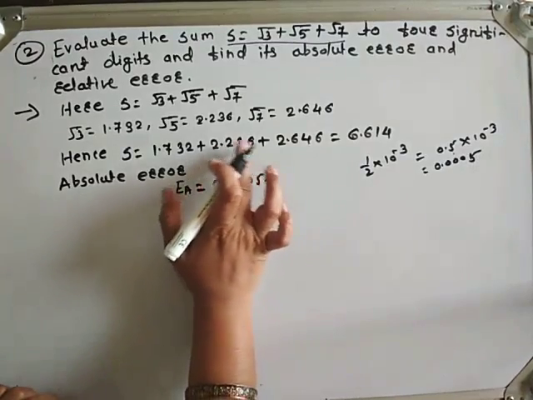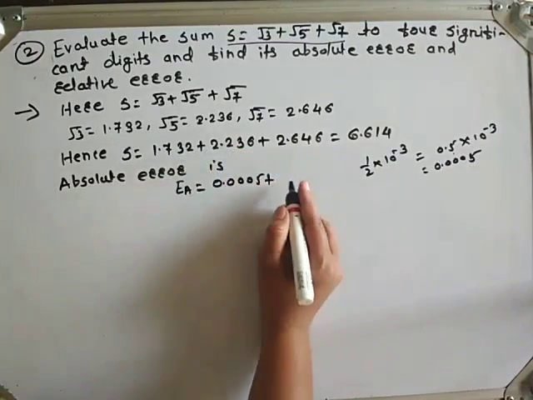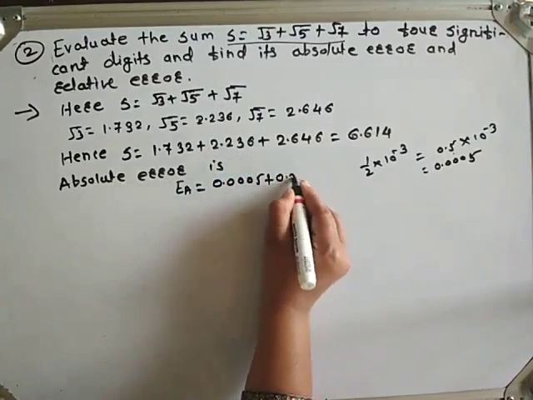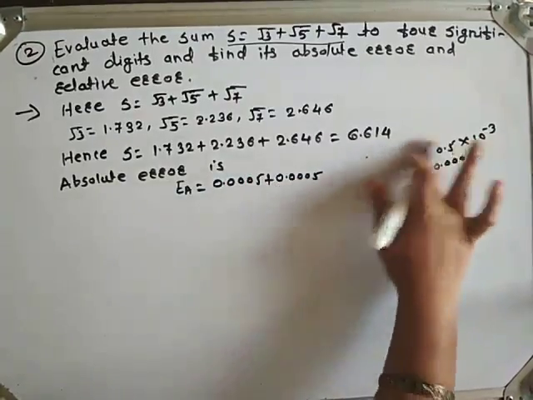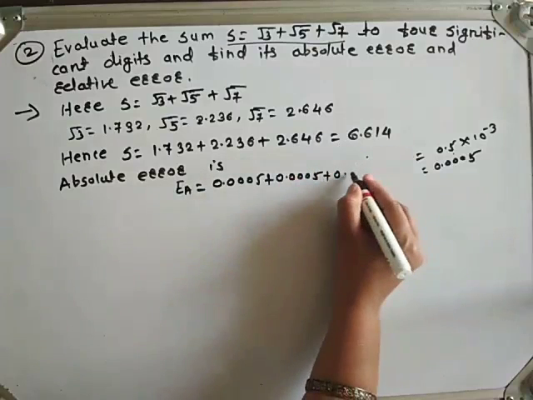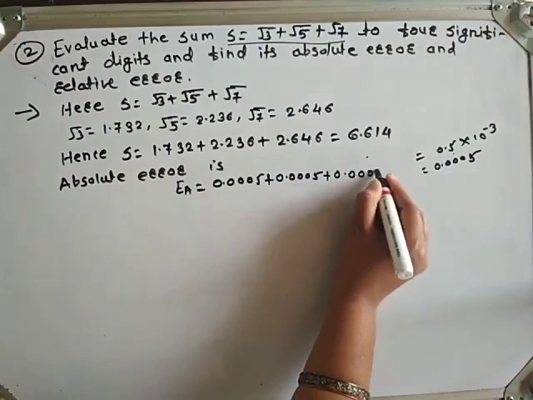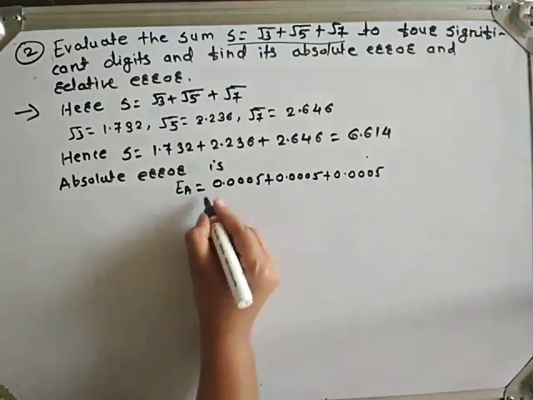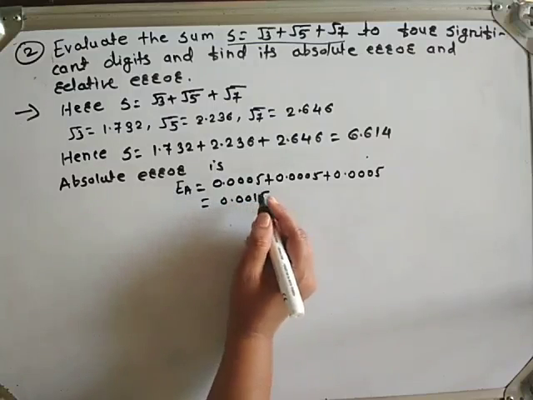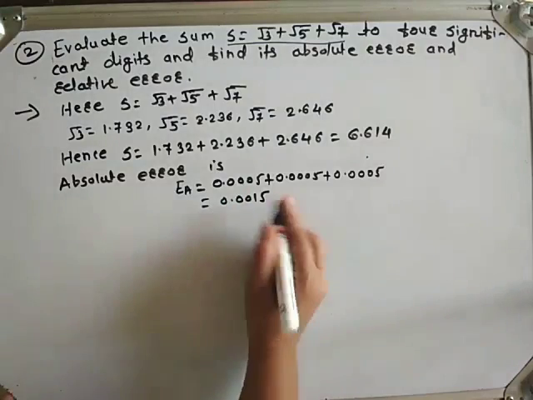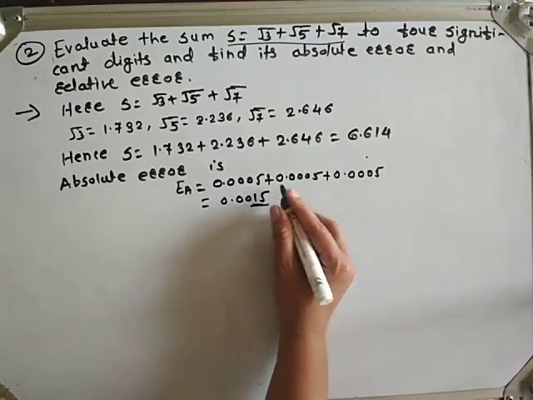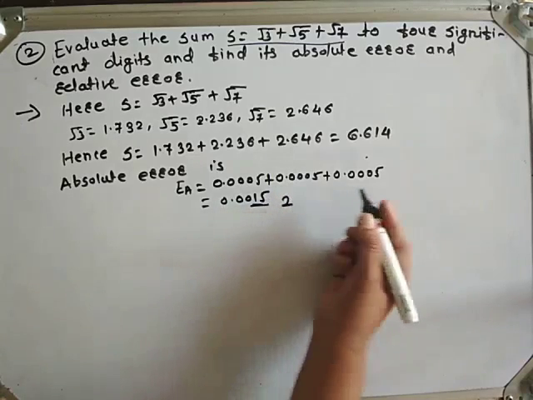Plus second number is also rounded to 3 decimal places, therefore absolute error in this number is 0.0005. Third number is also rounded to 3 decimal places, therefore absolute error in this number is also 0.0005, and total absolute error is 0.0015.